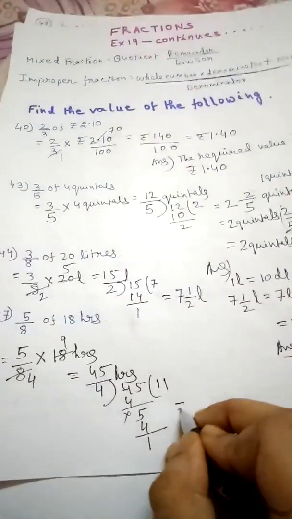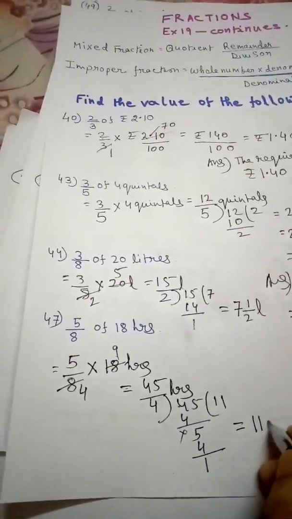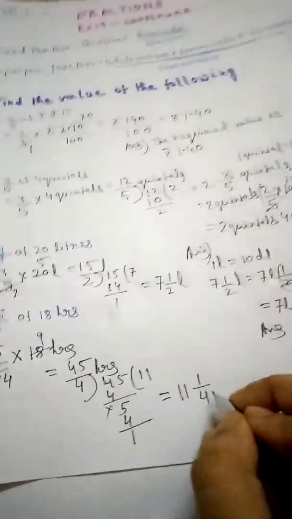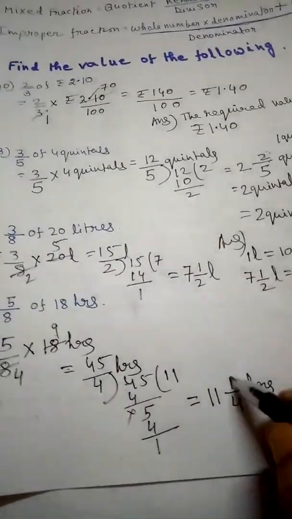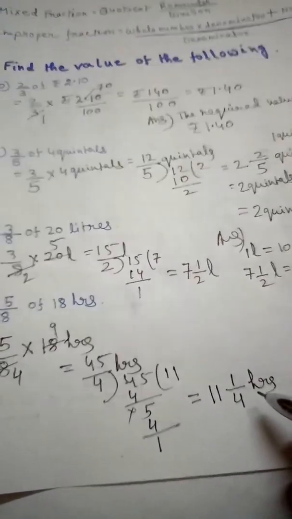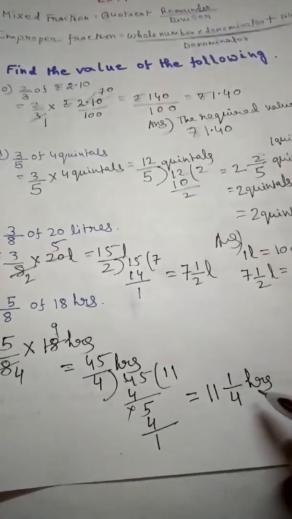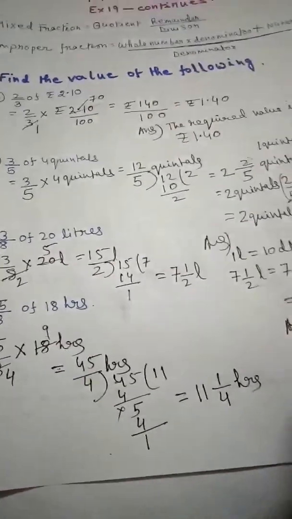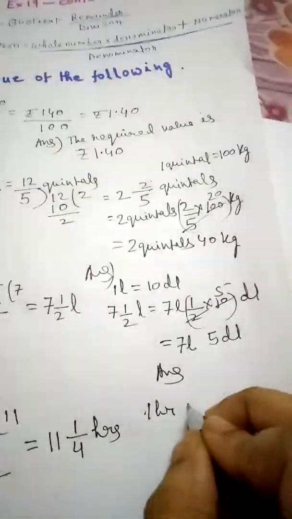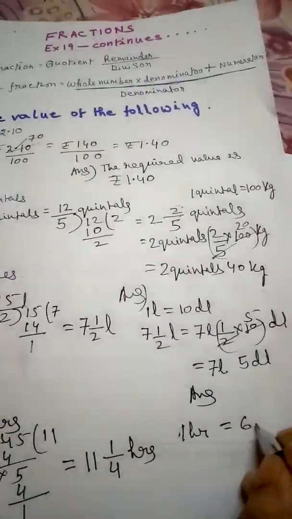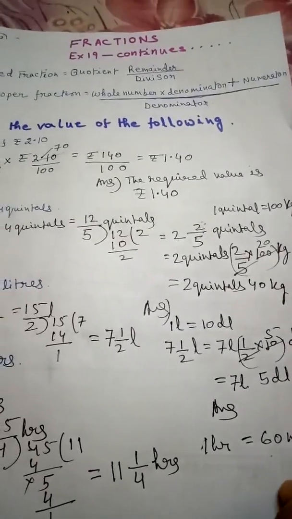So this is equal to 11 whole number 1/4 hours. Again, 1/4 hours I will convert into the next smaller unit, that is minute. So 1 hour equal to 60 minutes.